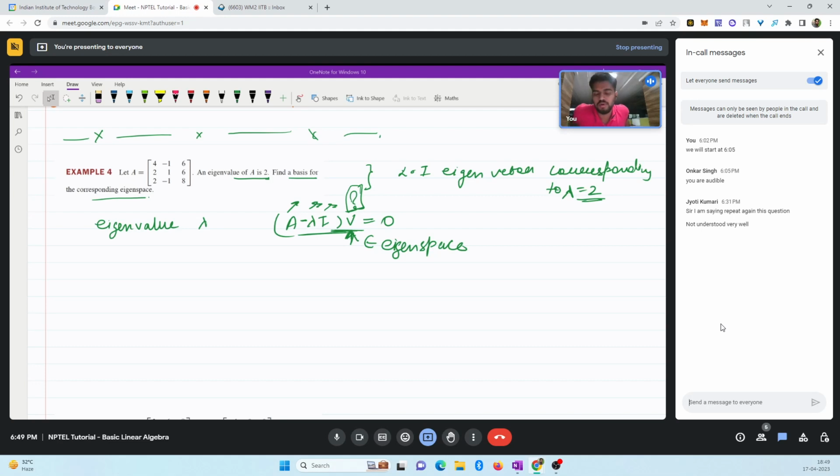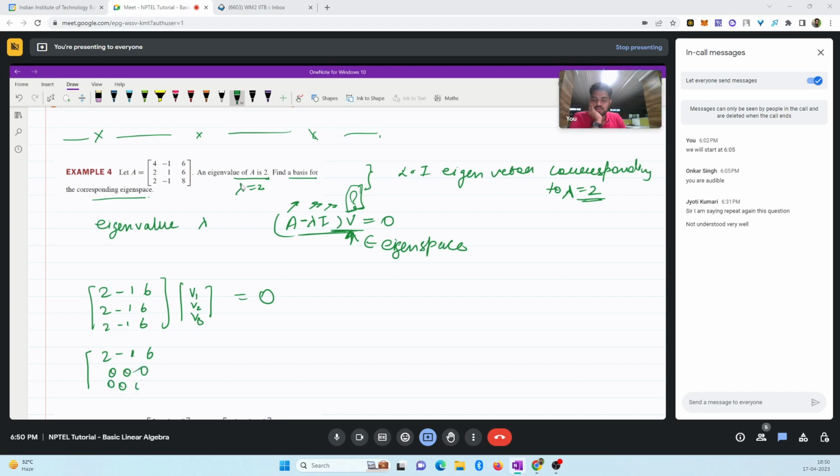Okay. If we recall how we used to find an eigenvector, we have lambda to be 2, right? Sir, when we put the value of lambda, the matrix is 2, minus 1, 6, and the other rows are the same. Yes, so you want two rows to become 0, right?